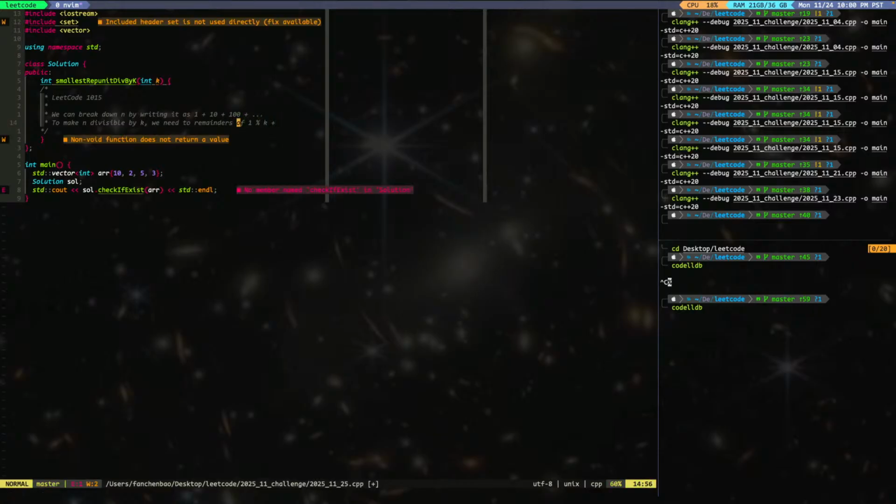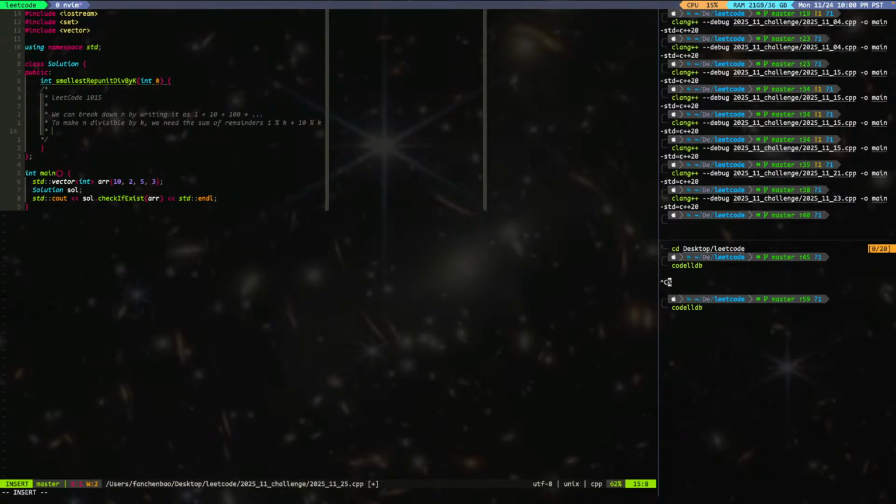We need a sum, right? Need the sum of remainders: 1 this plus 10 this plus this plus, to be divisible by k.